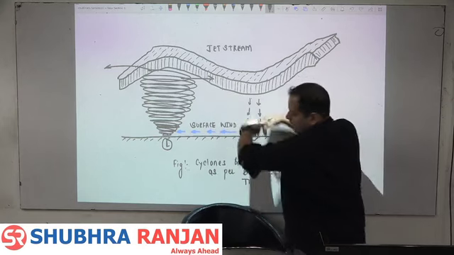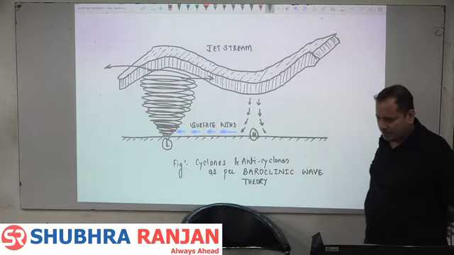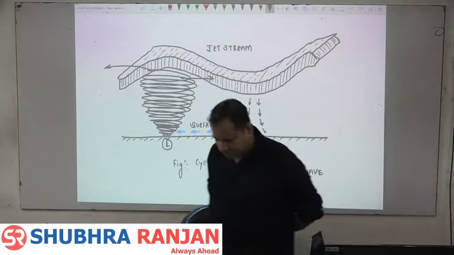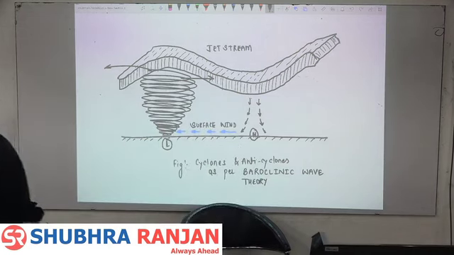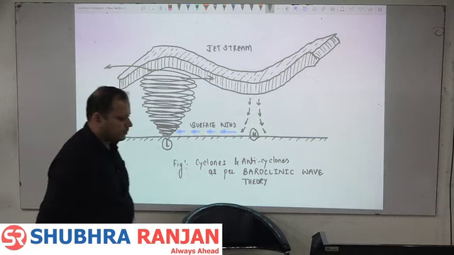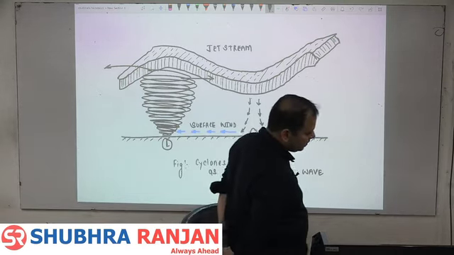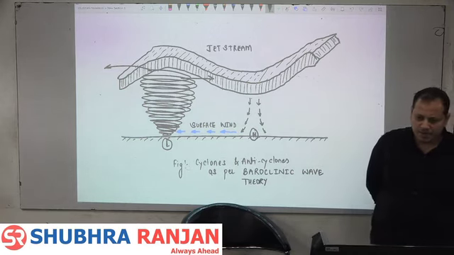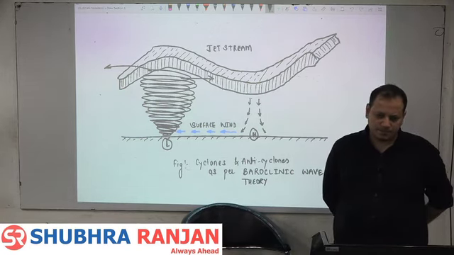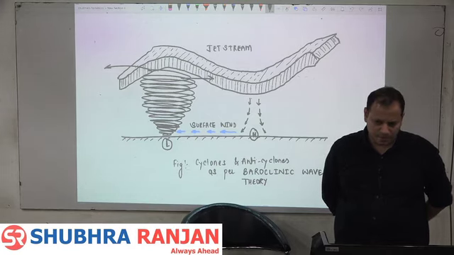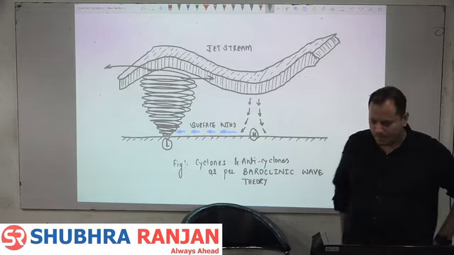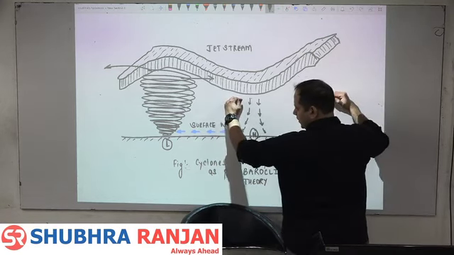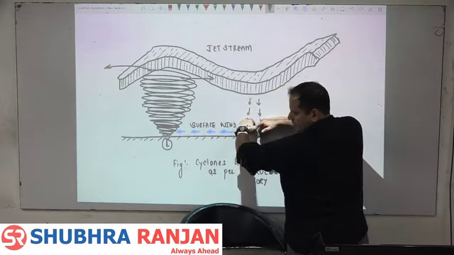While upper air convergence are the regions of surface anticyclones. Clear? यहाँ से the air will converge and it will come down.